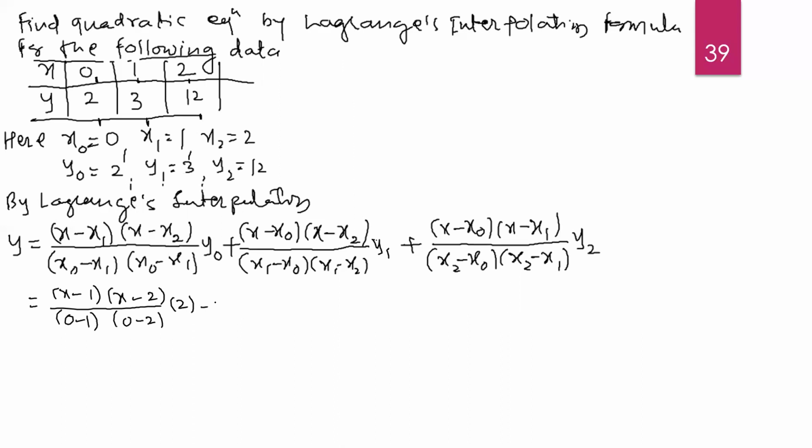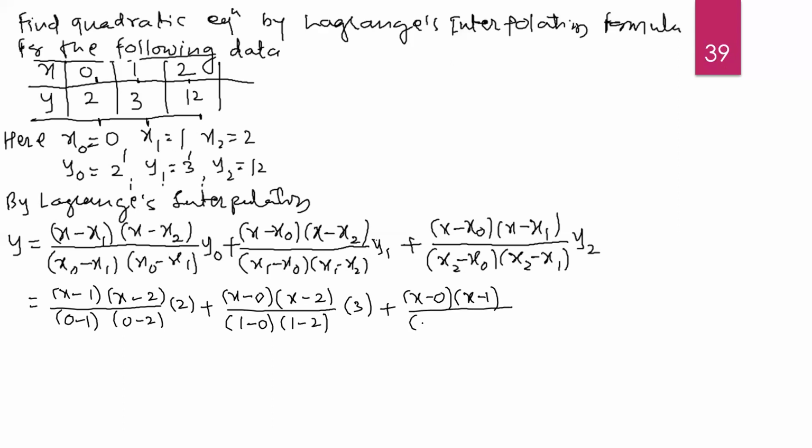Y0 is 2. Plus x minus x0, x0 is 0, x minus x2, x2 is 2, divided by x1 is 1: 1 minus 0, 1 minus 2, into y1. Y1 is 3. Next, plus x minus x0, which is 0, x minus x1, x1 is 1, in the denominator x2 is 2: 2 minus 0, 2 minus 1, and y2. Y2 is 12.